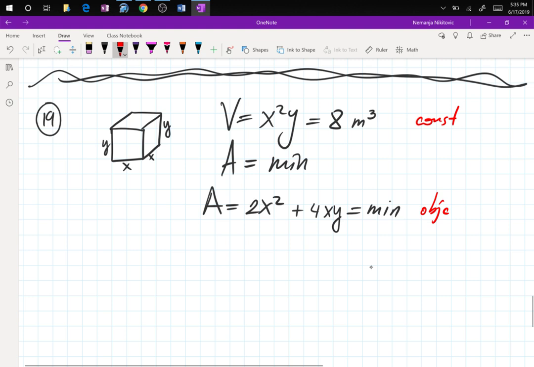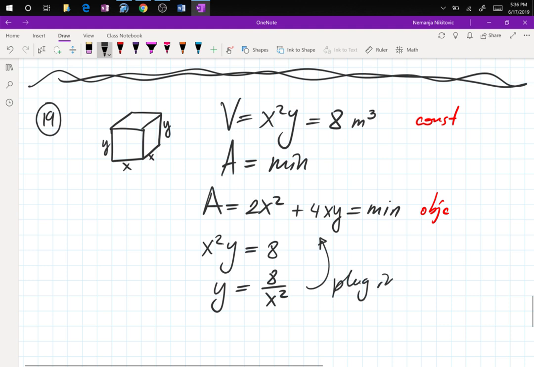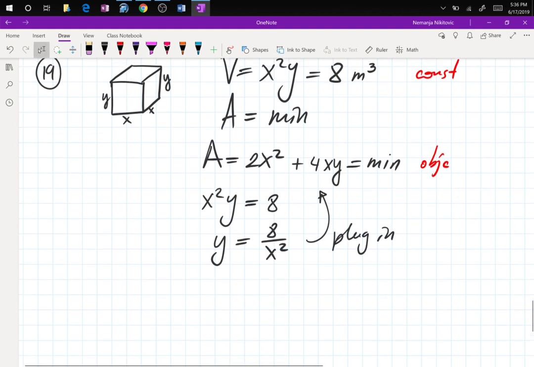Good. So now we're going to go into our volume equation, x squared y equals 8, and say that y is equal to 8 over x squared, and plug in to kill a y.